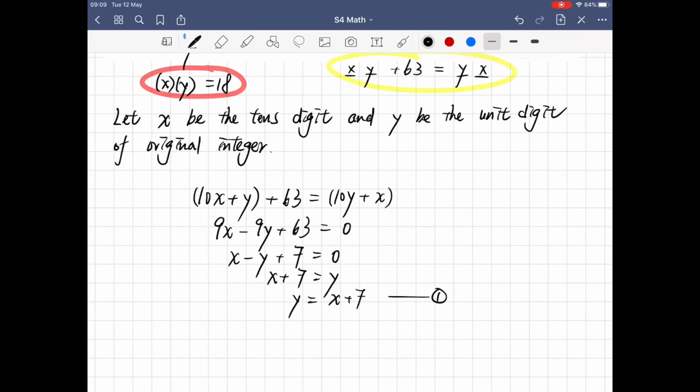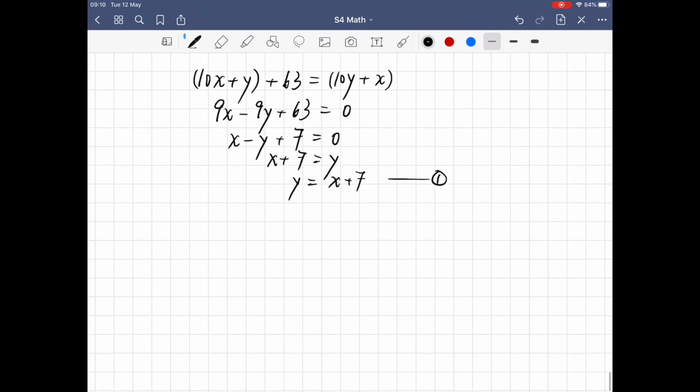Then from the second information, the product of the two digits is 18. So that means x times y equals 18. This is our second equation. Then we can do the direct substitution. Substitute the first equation into the second one.